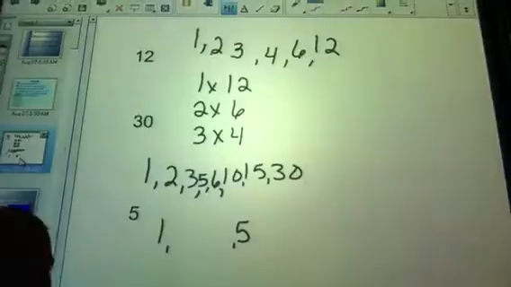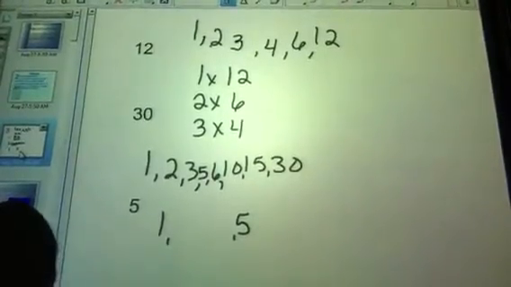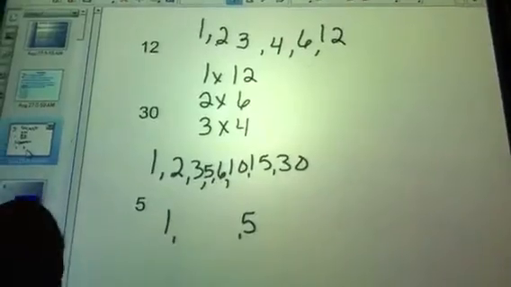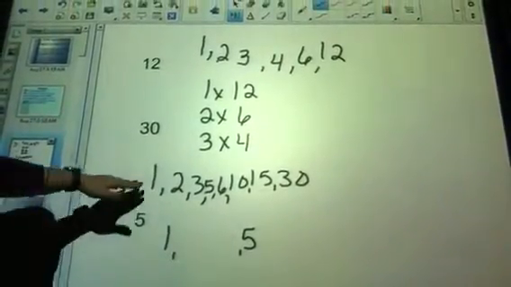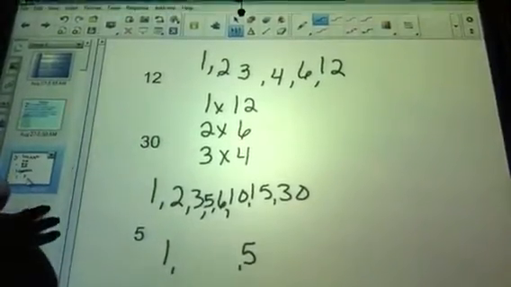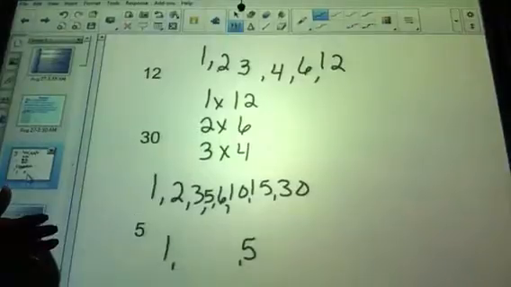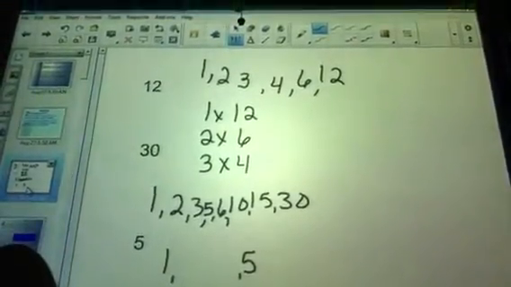I like to think of prime as like a really strong guy who doesn't need anyone else but himself. Prime numbers only have multiples of them times themselves, and that's it. The rest of these are called composite numbers. Composite numbers have more than one multiple to make that number. So prime stands by itself, composite needs friends.